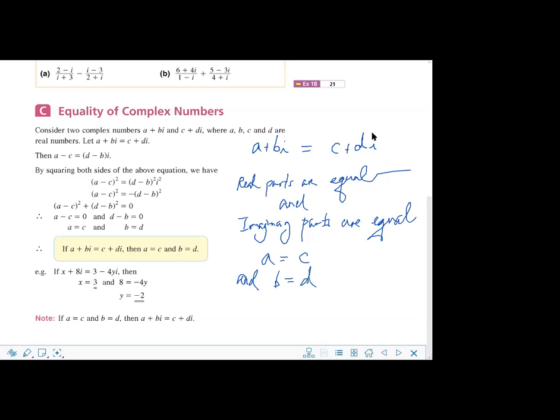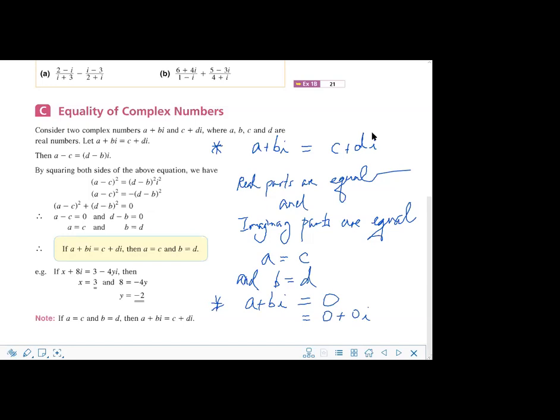If the question tells you that a complex number a plus bi is equal to 0, just 0, then what we will think is that 0 is exactly the same as 0 plus 0i. Both c and d are equal to 0. 0 is equal to 0 plus 0 times i.